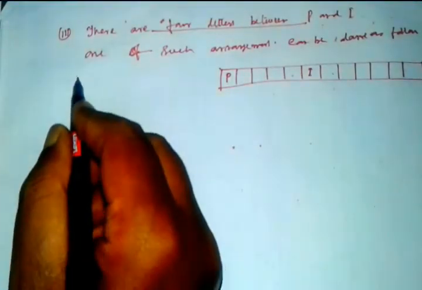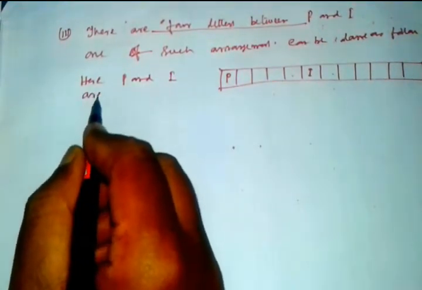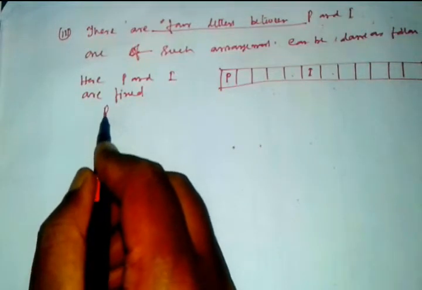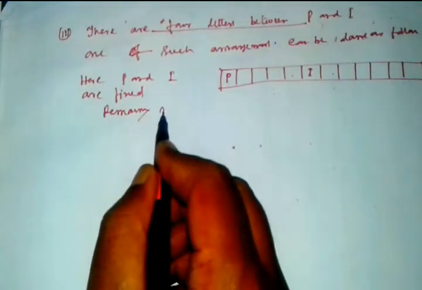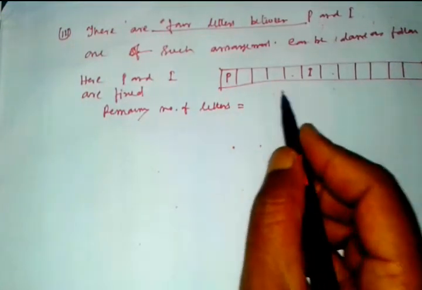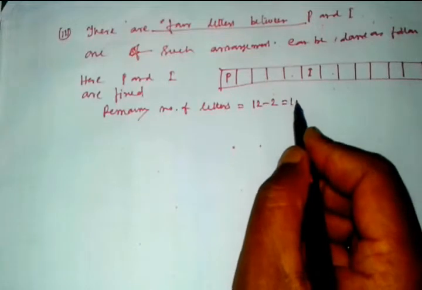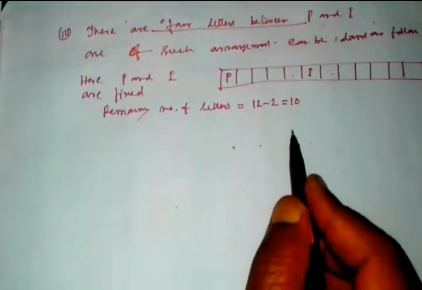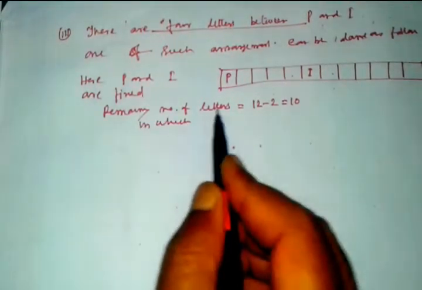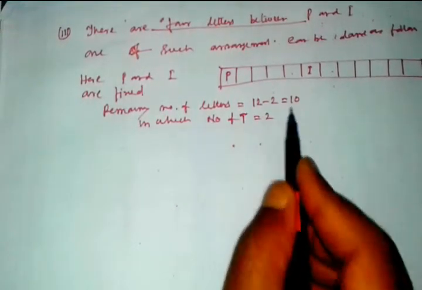Here P and I are fixed. Remaining number of letters is 12 minus 2, that is 10, in which the number of T is 2.